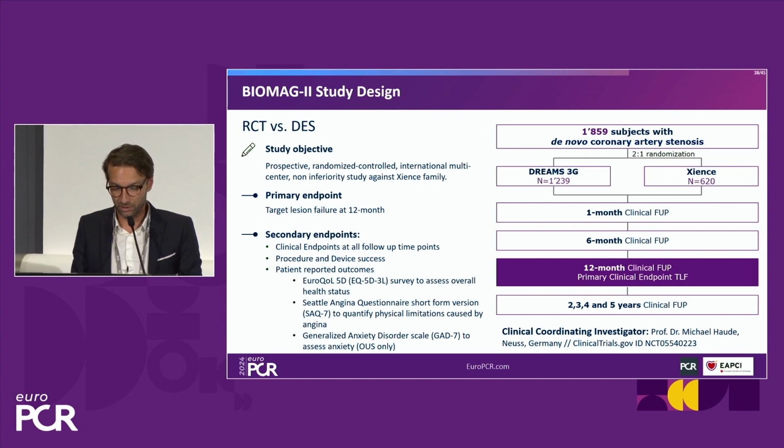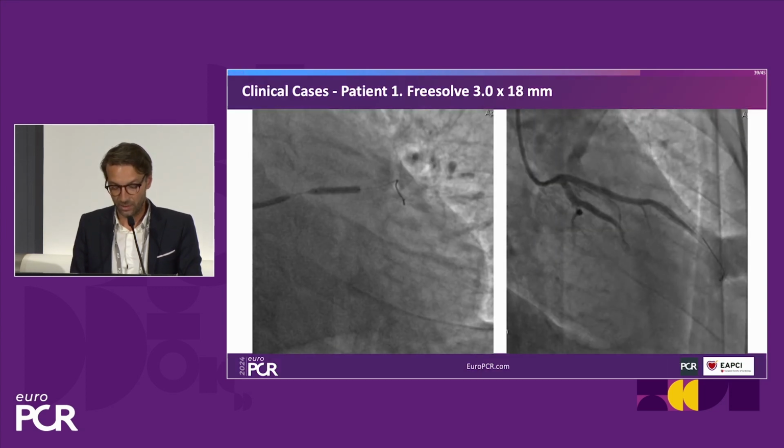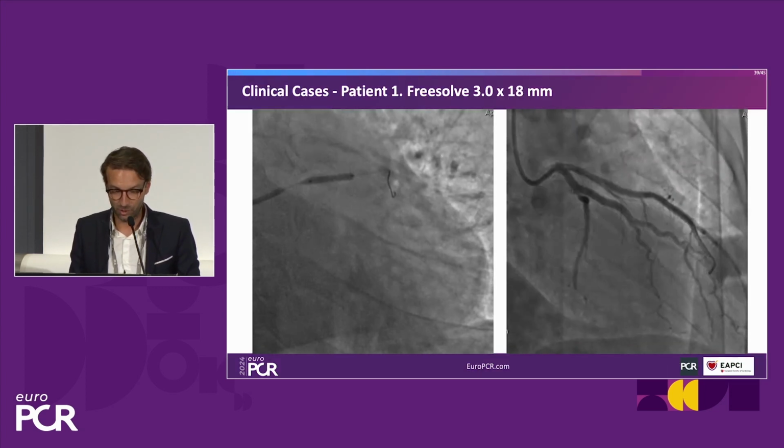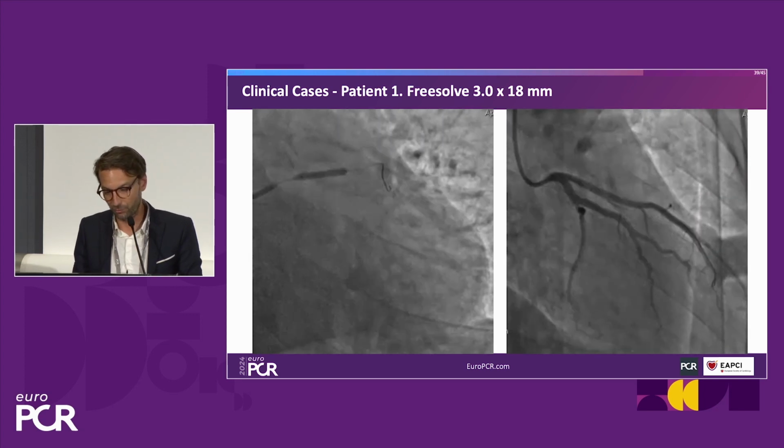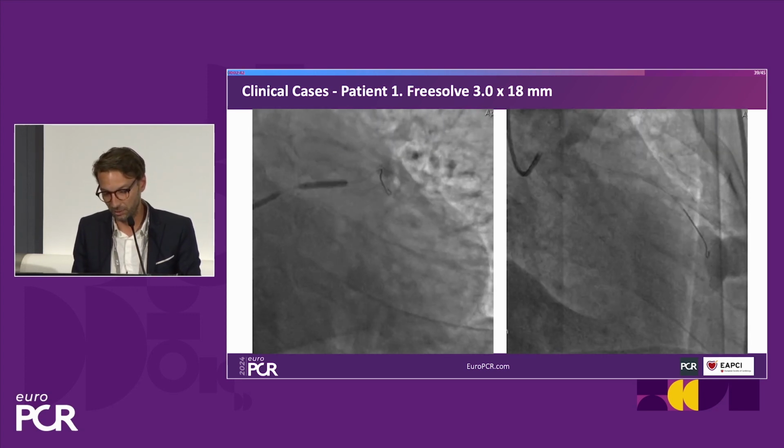BIOMAG-2 has just started, and it's a randomized controlled trial evaluating FreeSolve against the Xience family, with a primary endpoint of target lesion failure at 12 months. So back to our clinical case, patient 1 was treated with the FreeSolve 3 by 18 millimeters.